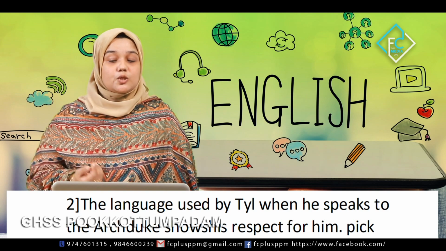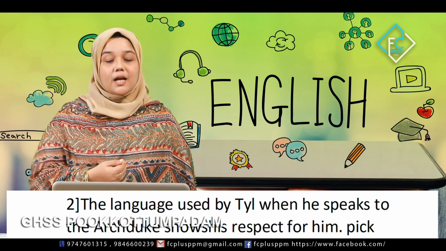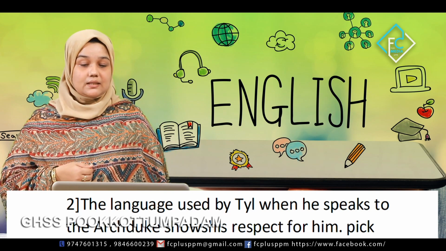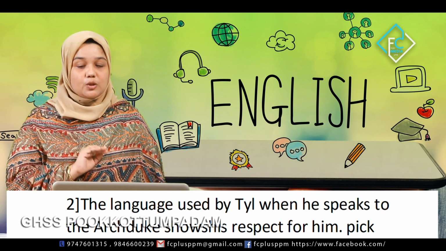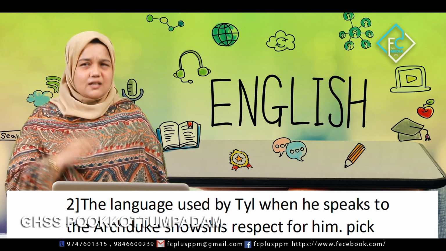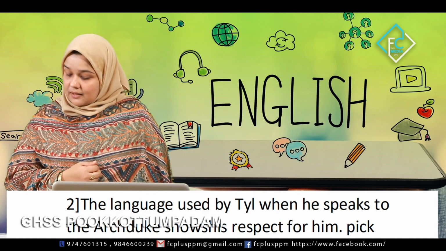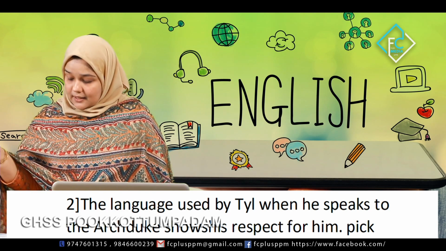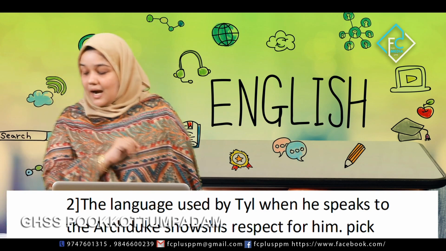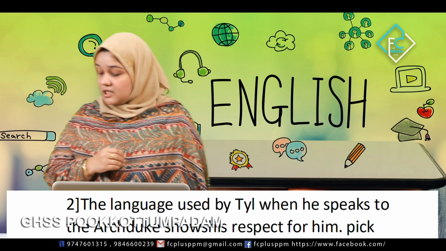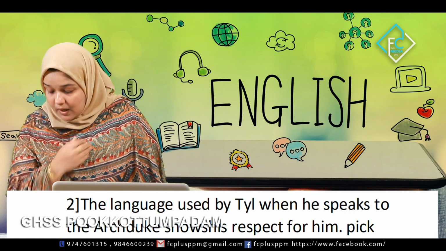See, another question. The language used by Till when he speaks to the Archduke shows his respect for him. Pick out a few instances which show this. There are some expressions. Okay. Listen, in page number 11 you can see, may your Highness pardon me for my rashness in thinking that one of my paintings will please your Highness.